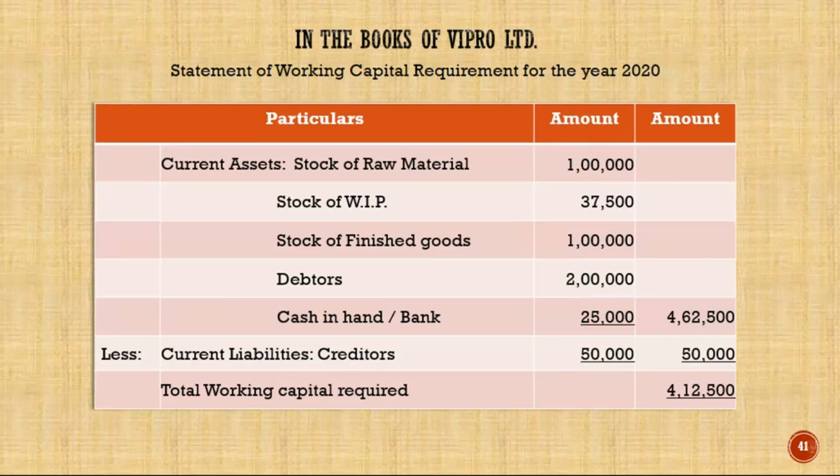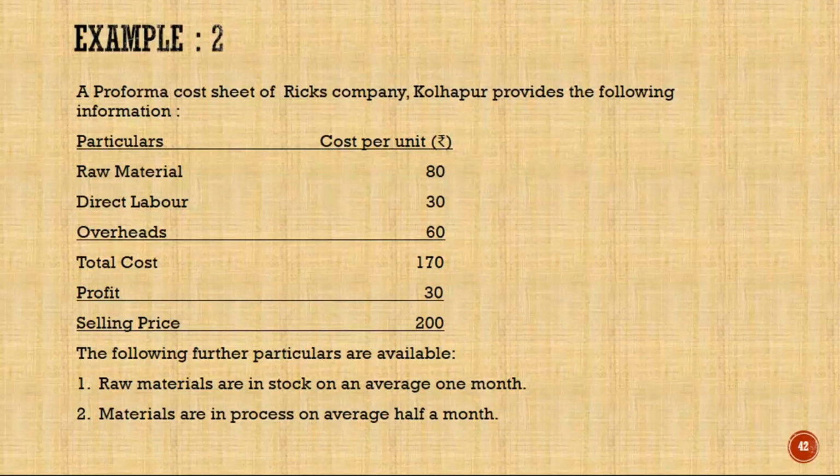Now the next is another problem. The second example is given for Rick's Company Limited, situated at Kolhapur. So let us see what information they have provided to us. A pro forma cost sheet of Rick's Company Kolhapur provides the following information.